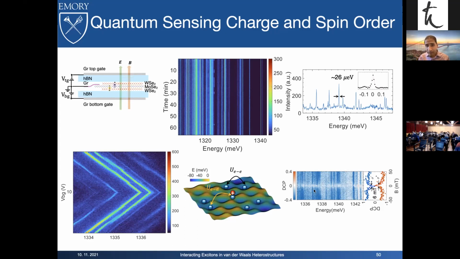Just a quick comment, these excitons are also very nice magnetic field sensors, not only electric field. For example, the circular polarization of these emitters sharply rises from 0 to almost 100% in a 6 millitesla window. So you can measure down to millitesla.